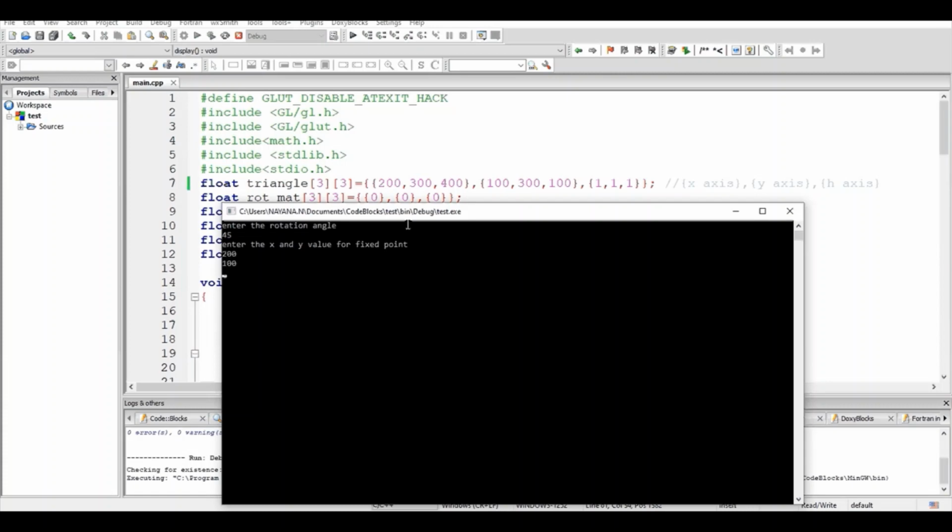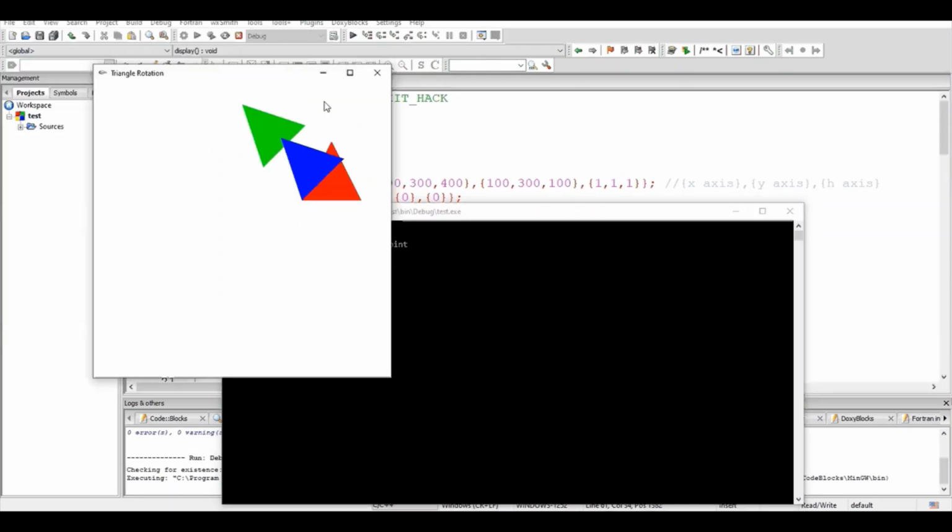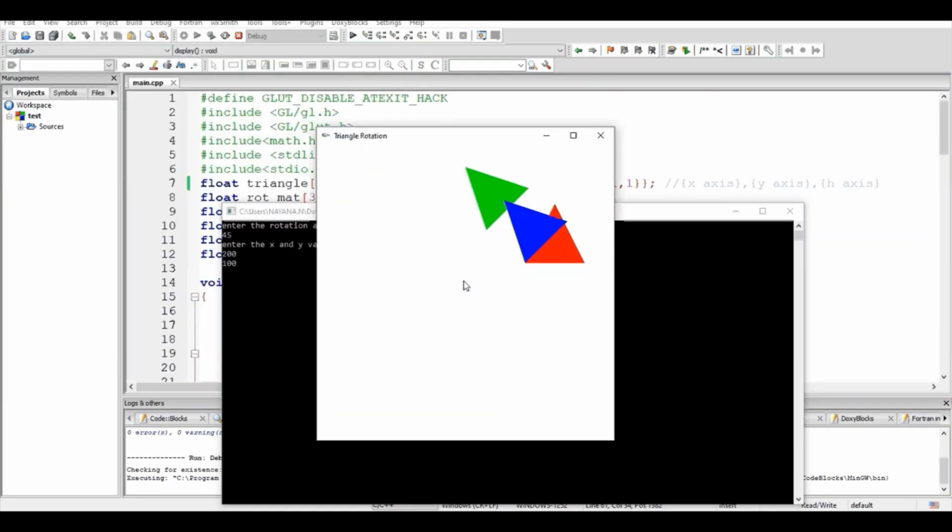And if you see, this was my origin, as I had already plotted. Now I have removed that code which was helping me to draw the origin, the code to plot the point at origin. I have removed that, so you'll have to imagine it. The center of the window was my origin. I have rotated it around this point by 45 degrees, around the origin also by 45 degrees.